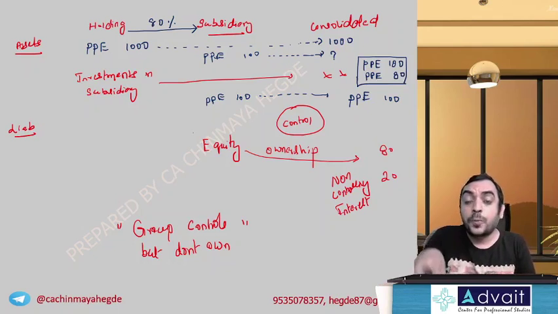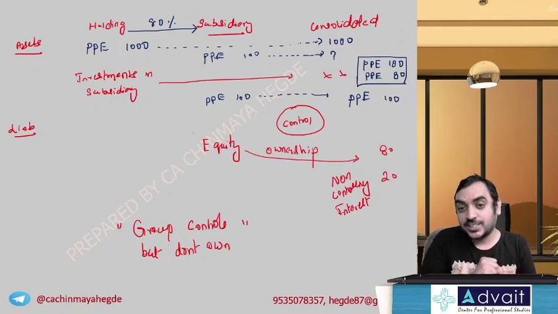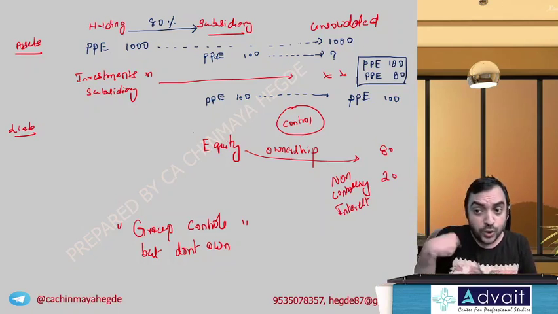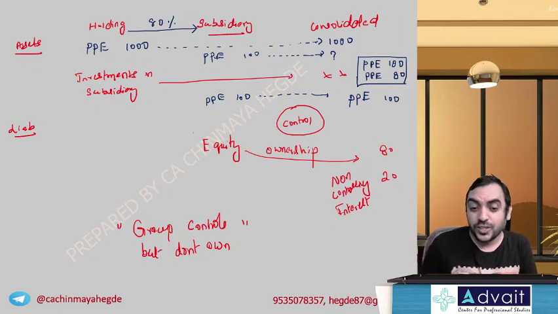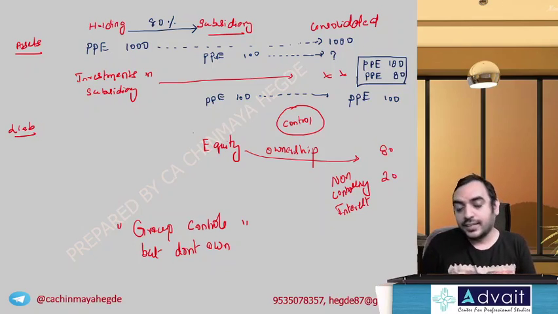You control the operations, you control the assets. But ownership, you are the owner, your friend is also the owner. They are called non-controlling interest because they don't control, you control. So ownership but not controlling is called non-controlling interest. So group controls but doesn't own, that is what is called non-controlling interest. It's also called outsider shares.